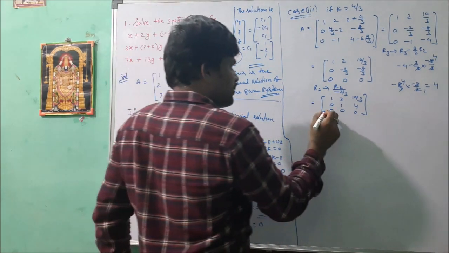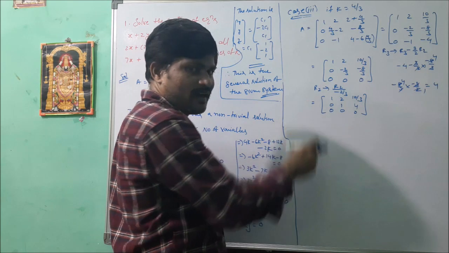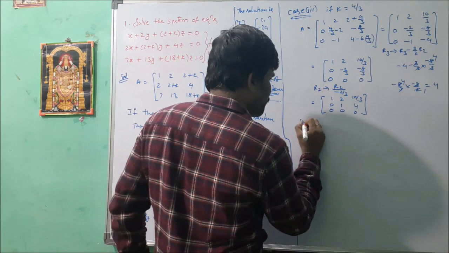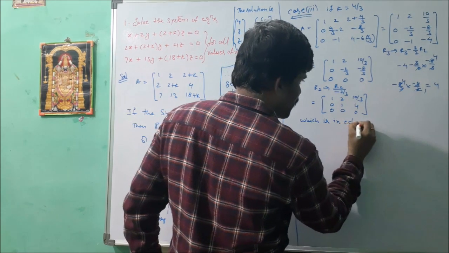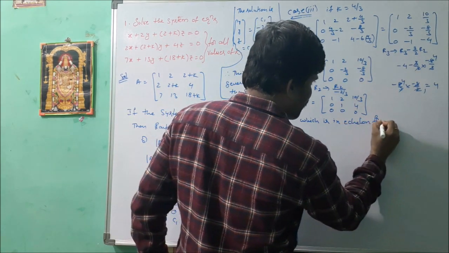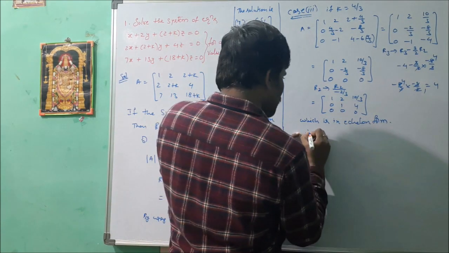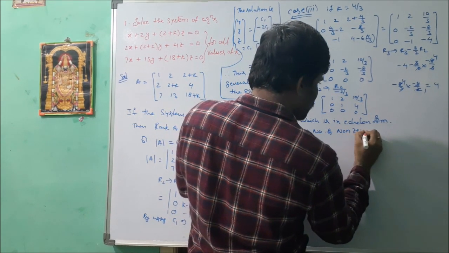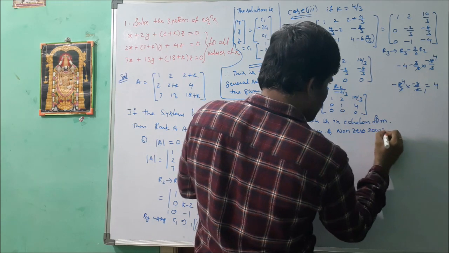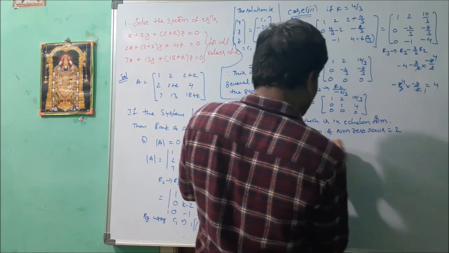Now here we observe that this is in the echelon form. Therefore, number of non-zero rows equals to 2.